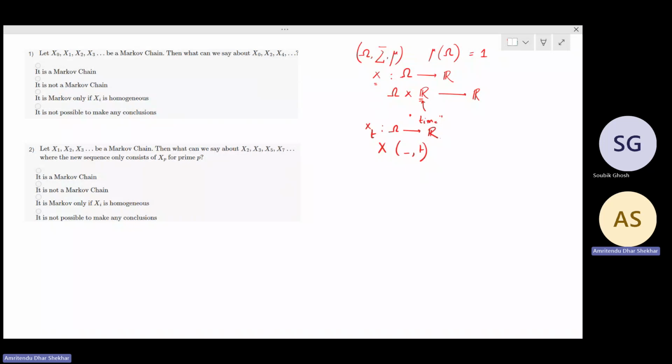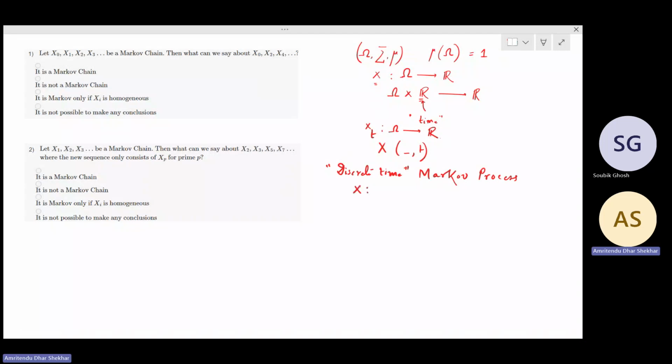So a discrete valued Markov chain, a discrete time Markov process, is again a sequence.